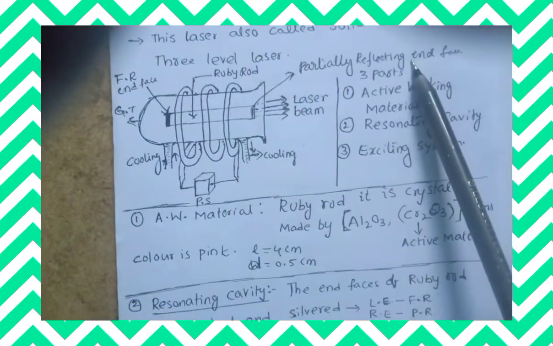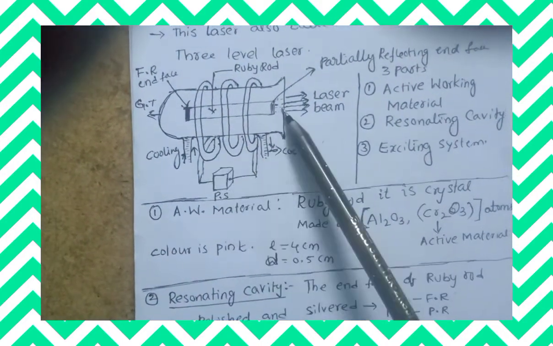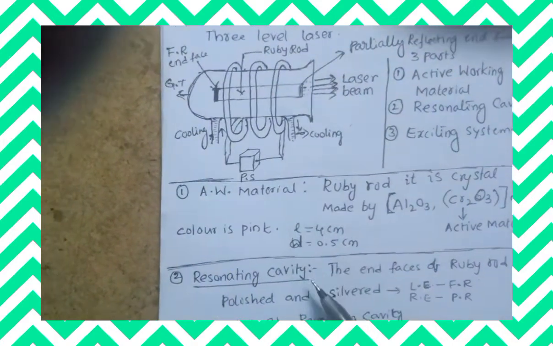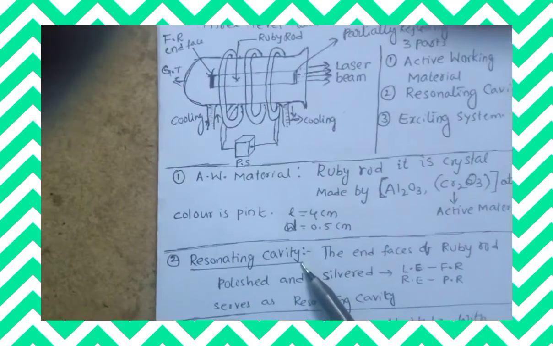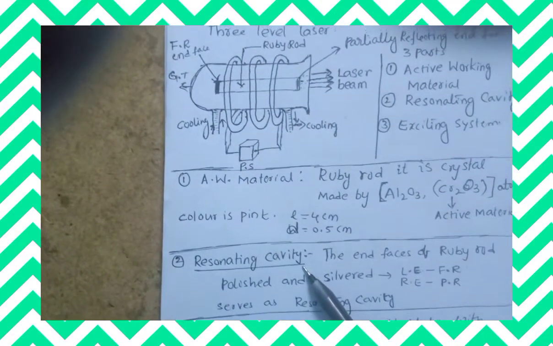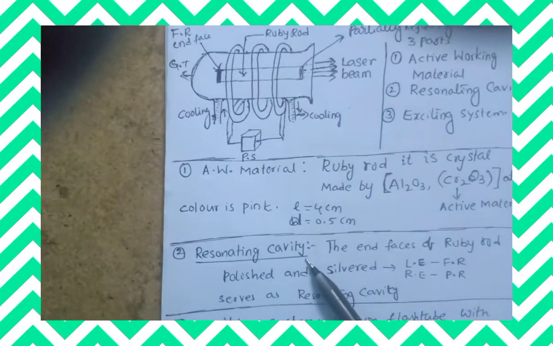See this in the diagram. These end faces serve as a resonating cavity. We will discuss the need of the resonating cavity in the working of ruby laser.